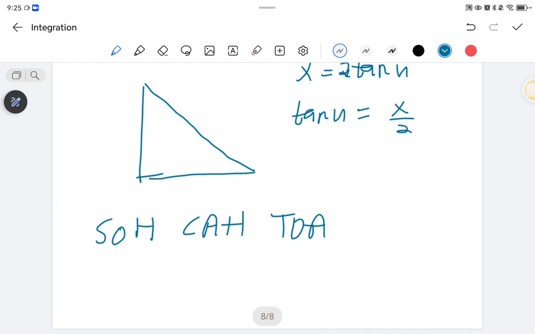And then we know that this one is the hypotenuse, this one is the adjacent, and this one is the opposite from this angle. You see, right? So now when we are here, we're saying that tan u is equal to O over A.